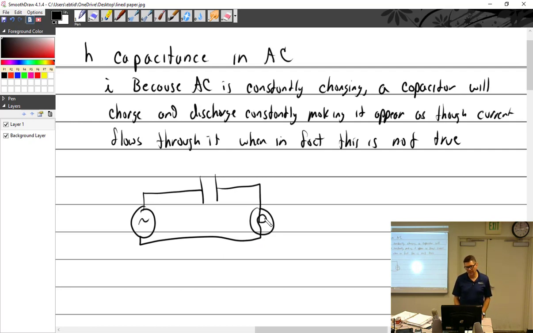Yes, it will. Unless you had a frequency so low that it charged up, got your five time constants, it completely charged, and you were still not through with the cycle.